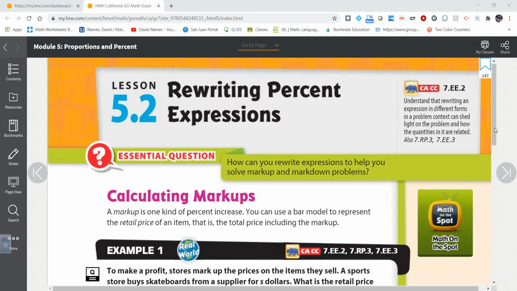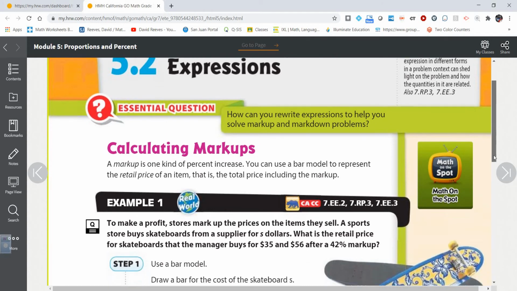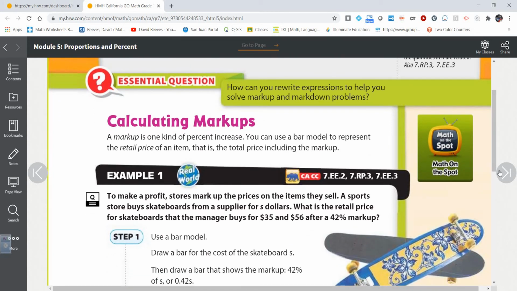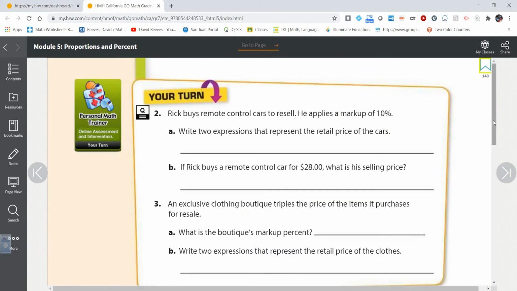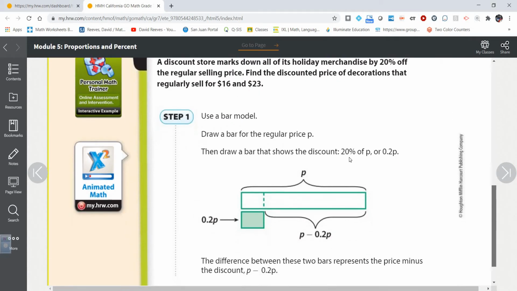In the first video, I introduced you to the concept of a markup as a type of percent increase and a markdown as a type of percent decrease. We talked about representing an unknown or changing value with a variable. We talked about changing the percent to a decimal and multiplying that by the variable, and we said that number in front of the variable was called a coefficient.